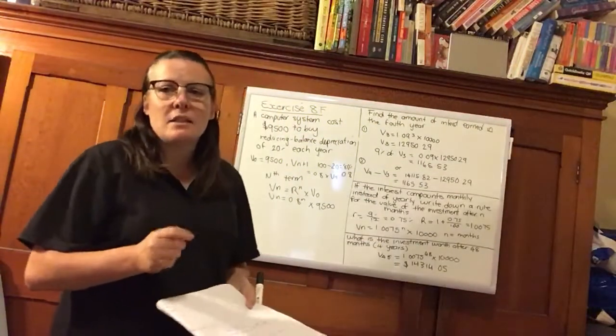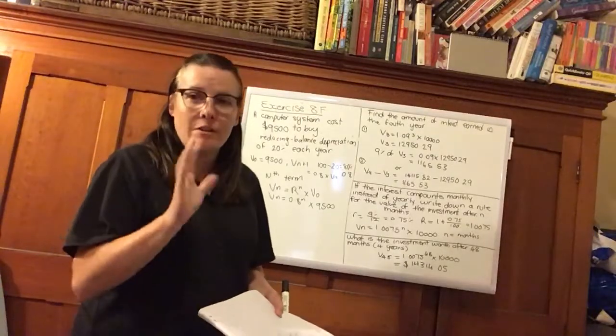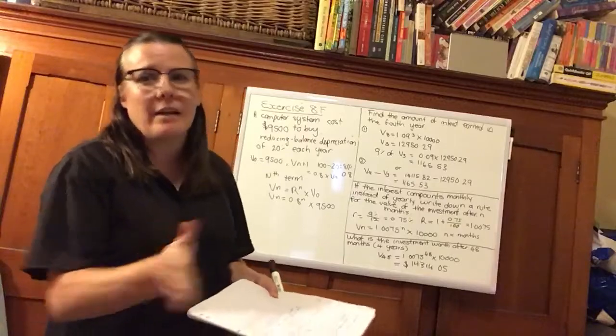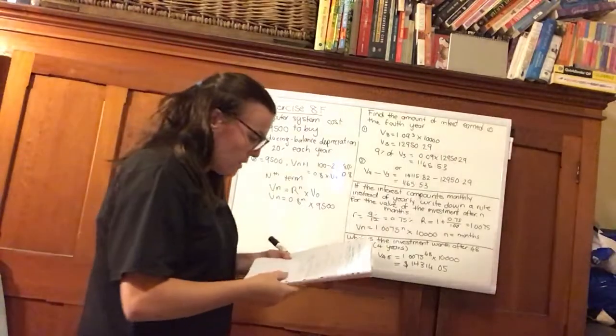If we're thinking about this computer system in 8 years' time, other than the fact that it will be completely obsolete and none of the software will work and everything else will be wrong with it.